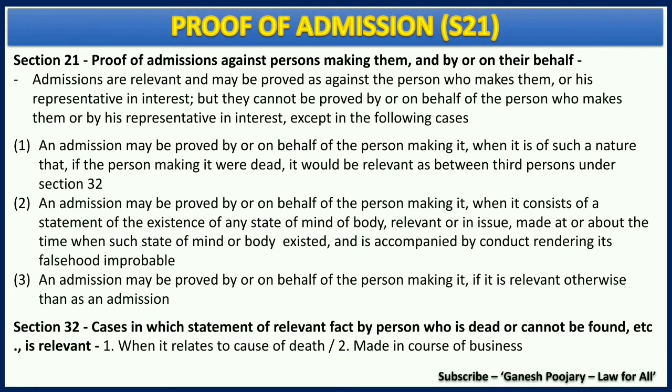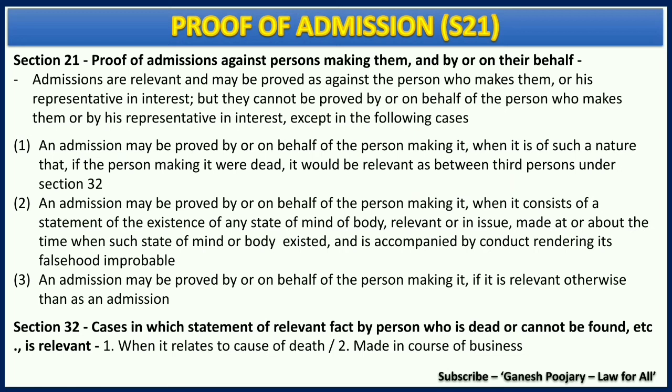Here in this slide, let us try to understand the legal language of section 21. Though it looks a little tricky, in my next slide I have a complete chart covering section 21, so you need not worry. Section 21 is about proof of admission against person making them and by or on their behalf.